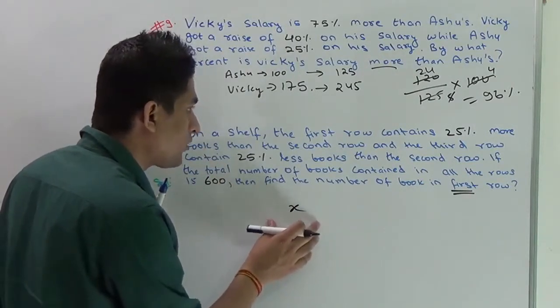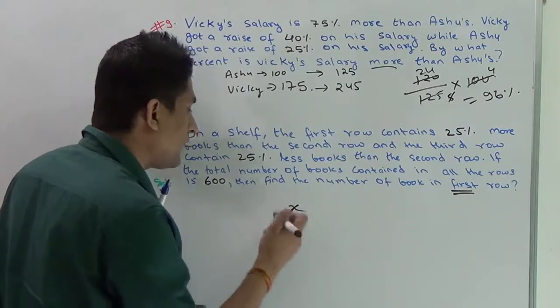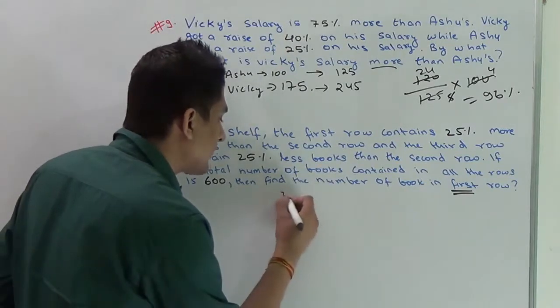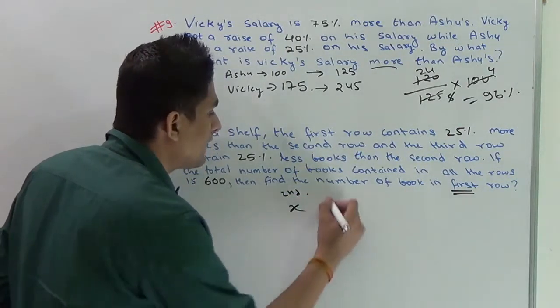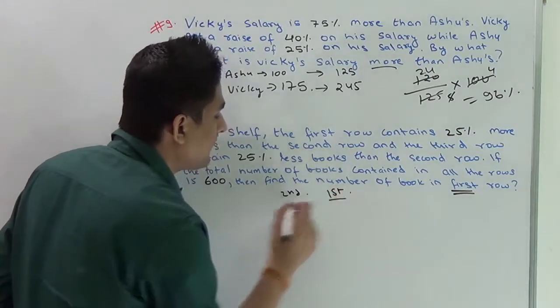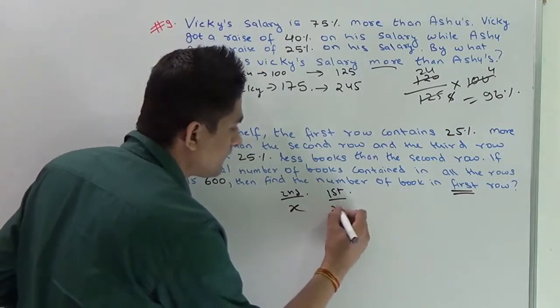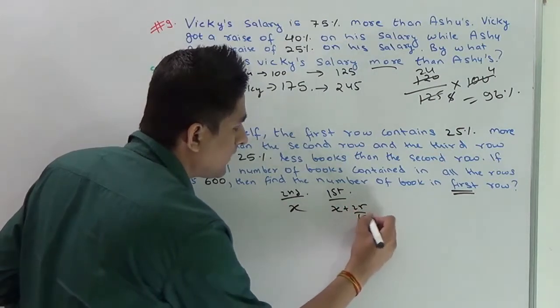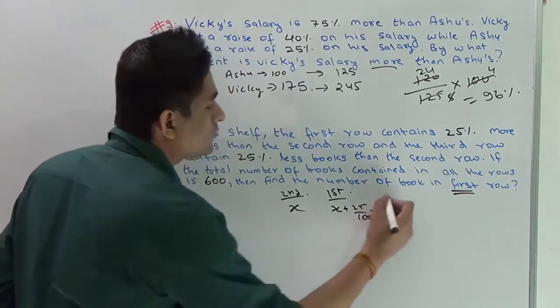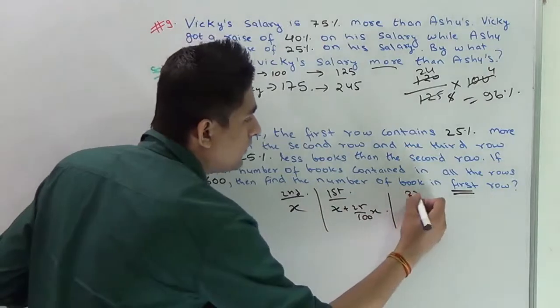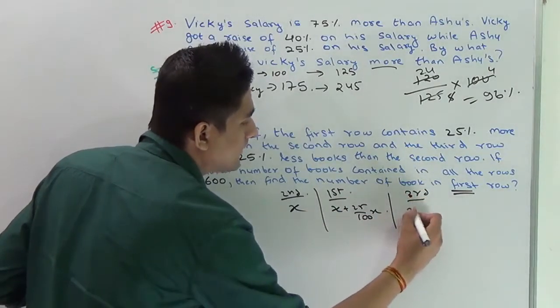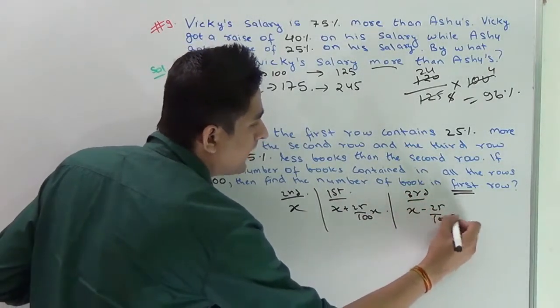The number of books in the second row is x. The number of books in the first row is 25% more than this x, so I will write x plus 25 by 100 of x. For the third row it's 25% less, that means x minus 25 by 100 of x.